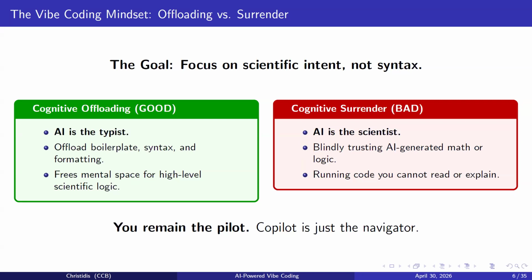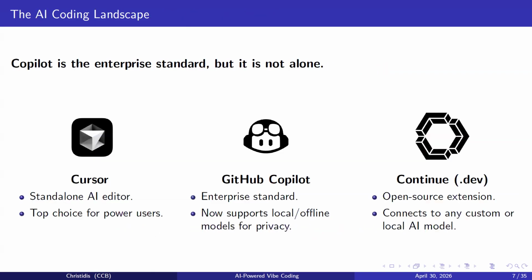And also, of course, running code that you cannot read or explain. So you remain the pilot. And again, you should think of the AI assistant as a productivity tool, not as a tool that basically does your job.